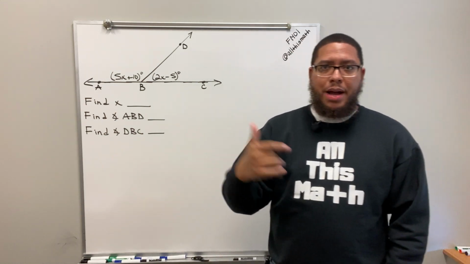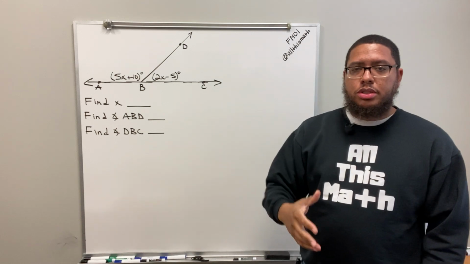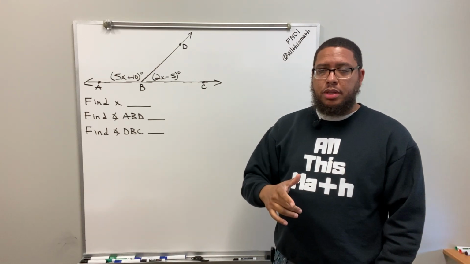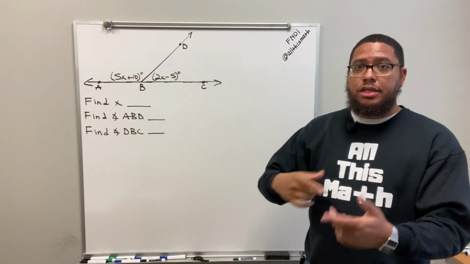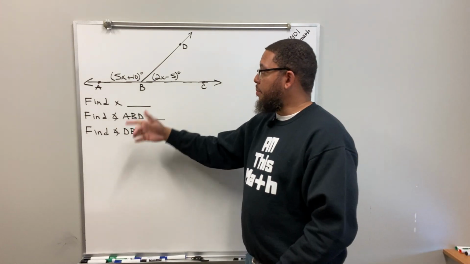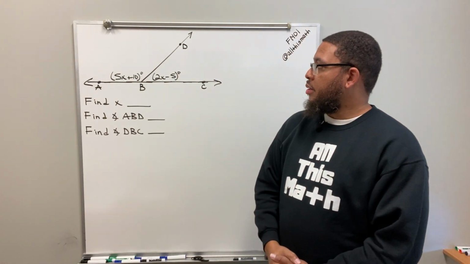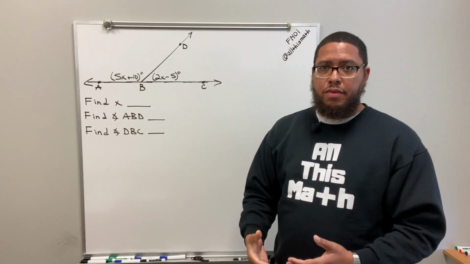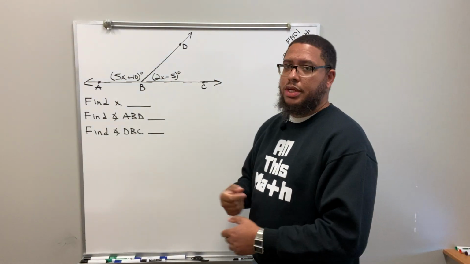What theorem, what postulate, what corollary, what law can I use to create an equation from algebra that will enable me to solve for x and then in turn figure out what the measure of each of these angles is.